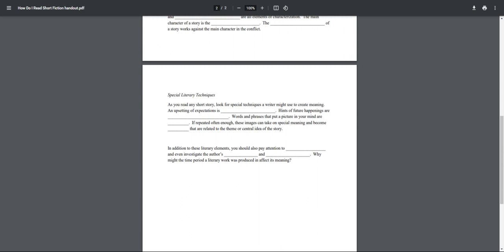And in order to understand a work of literature, you have to understand its culture. So as you read these short stories in this class, I want you to keep these elements in mind. And yes, read for pleasure, but also read to try to figure out what messages, what ideas the writer is trying to communicate through his or her work.